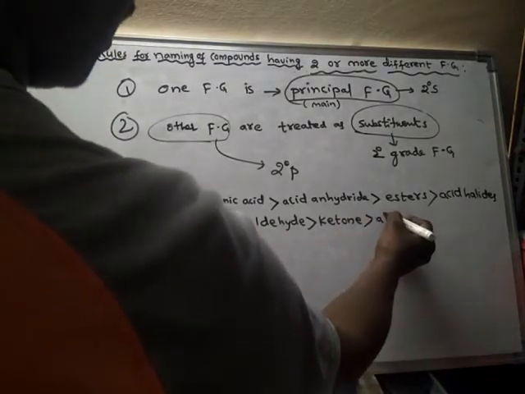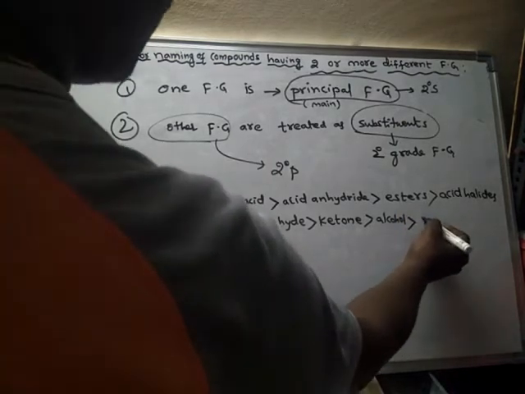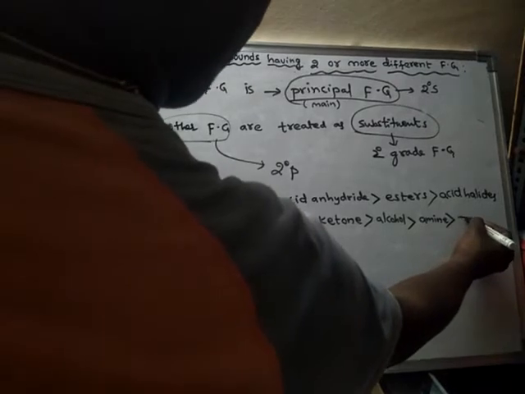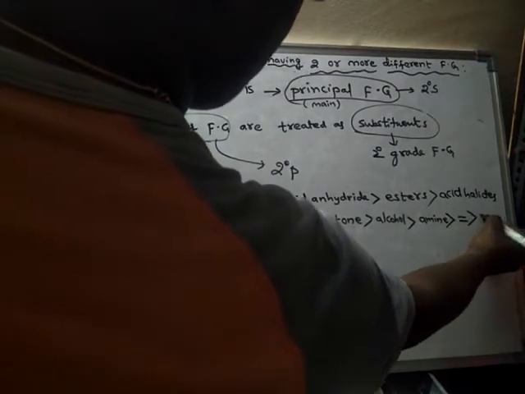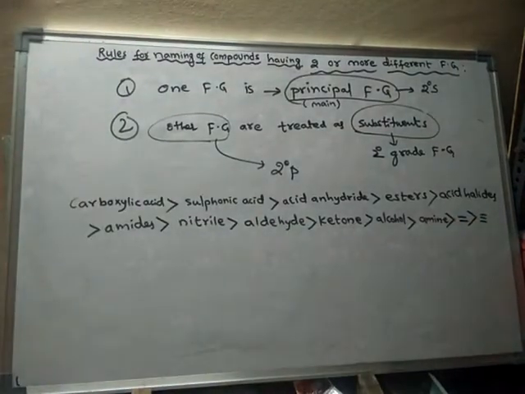Okay, next one is alcohol, next one is amine, next one is a double bond, next one is a triple bond. So double bond is given more priority than the triple bond.